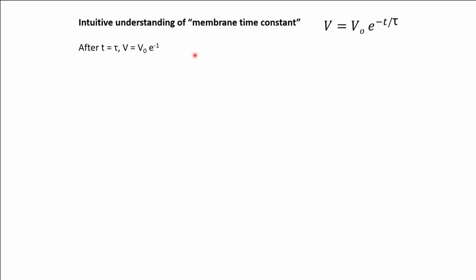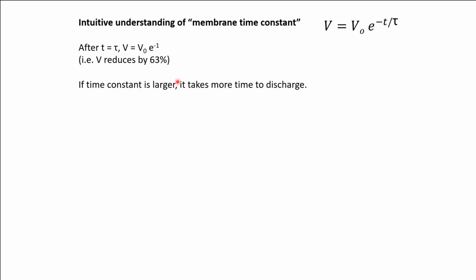So V has become approximately 0.37 of its original value, or in other words, tau is the time in which V reduces by 63%. If tau is larger, it would take more time for the membrane to discharge. If tau is smaller, it will take less time for the membrane to discharge. So tau basically indicates how much time it takes for the membrane to charge or discharge.